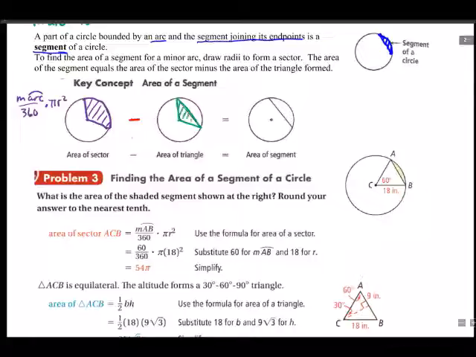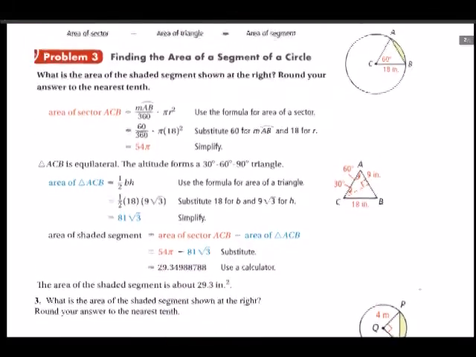So we have our entire slice of pizza, and then we eat the pizza part, and you know the area of a triangle is just 1/2 base times height. And all of that is going to result in having just the segment, just our pizza crust, left over. So the area of a segment is the area of the sector minus the area of the triangle. So let's look and see how this works.